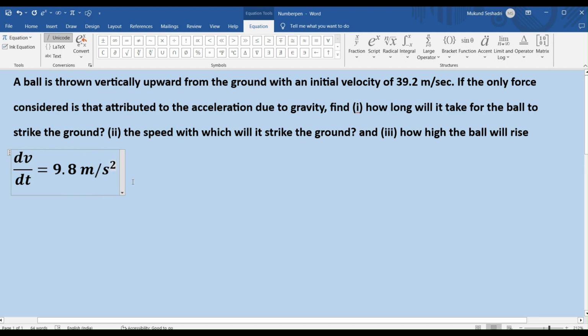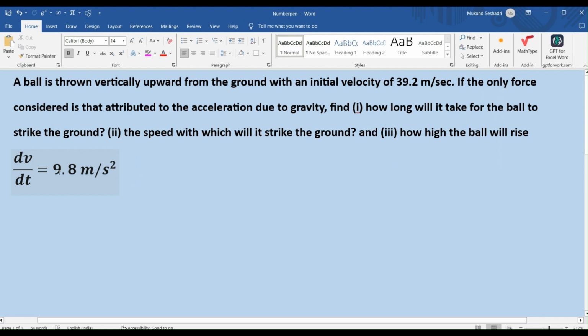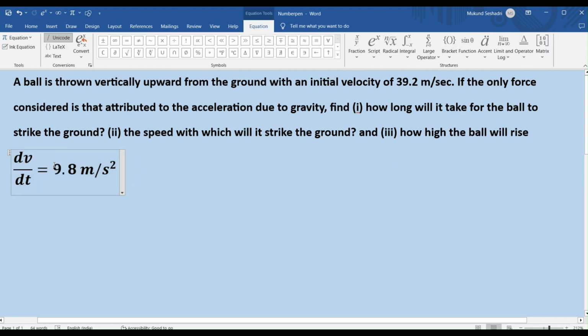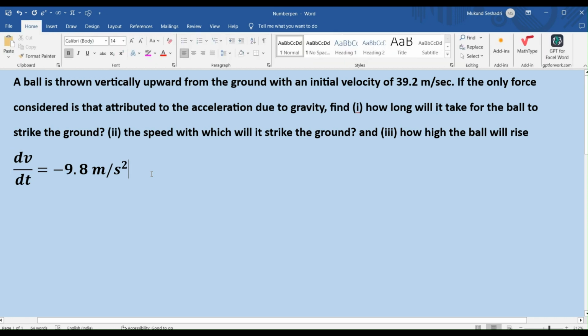So this is the rate at which my velocity changes, and I know that the force is in the reverse direction, which means I will have to add a minus here, right? So my dv by dt is nothing but my deceleration due to gravity, which makes the ball slow down and reach a velocity zero, though it started off with 39.2 meters per second.